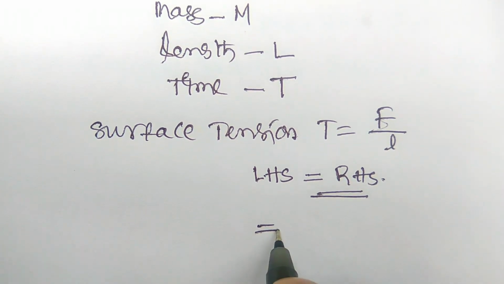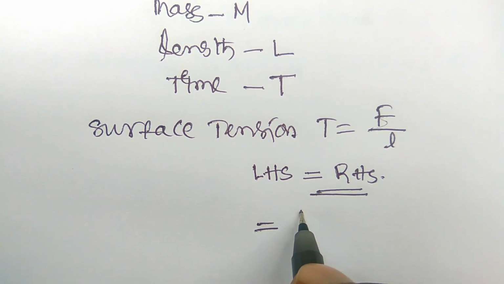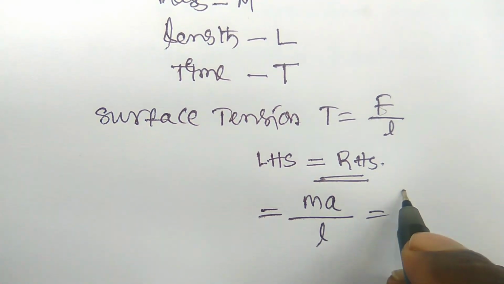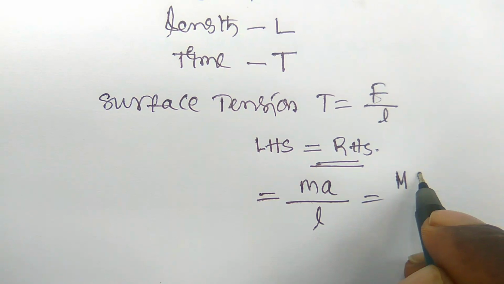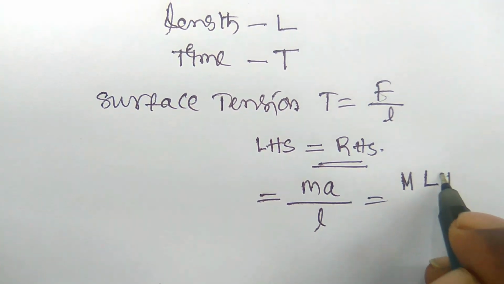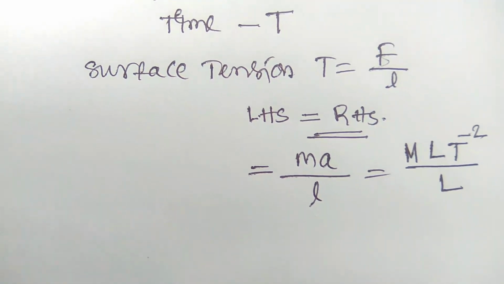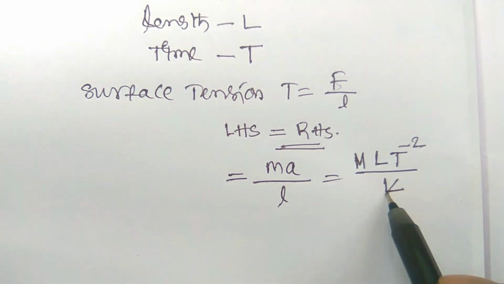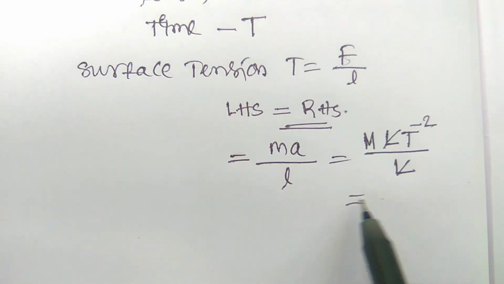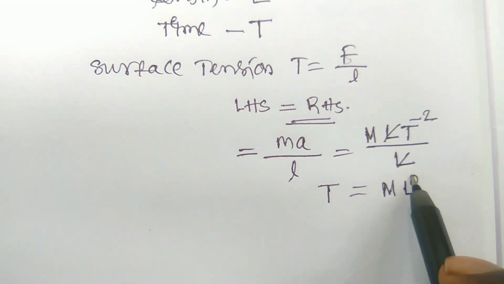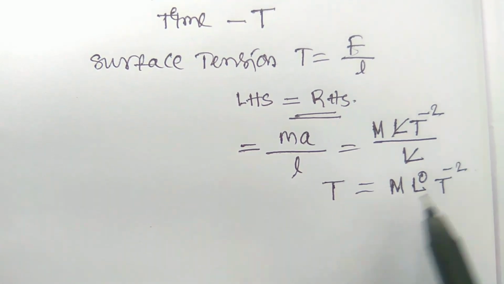Force is equal to M A, where M is mass and A is the acceleration, that is L T minus 2, whereas length is equal to L. So in this dimensional formula, L and L will be cancelled out. Then you can write that T is equal to M L^0 T^-2.